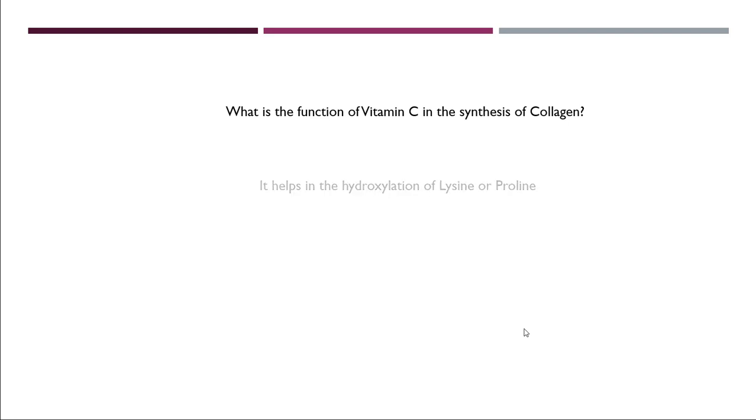Remember? Next question. What is the most abundant amino acid present in collagen? 5, 4, 3, 2, 1. Glycine. Next. Which amino acid produces a kink in the polypeptide chain? 5, 4, 3, 2, 1.